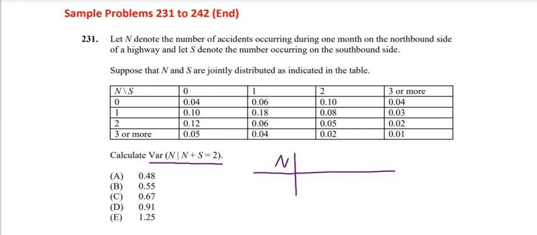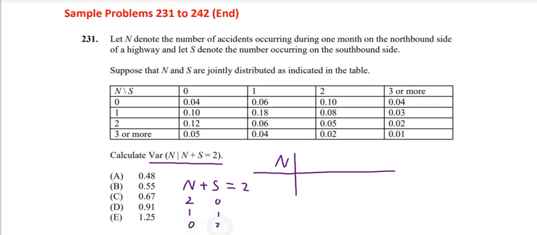So N can be from 0 to 3, and S can also be from 0 to 3. So we just check all those cases. N plus S equals 2, so it can be (2, 0), (1, 1), or (0, 2).